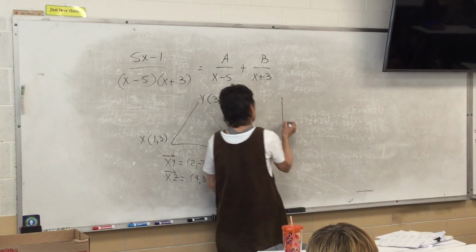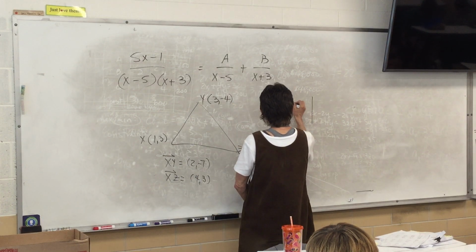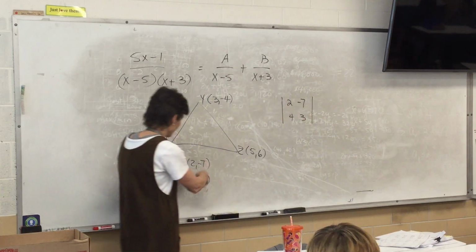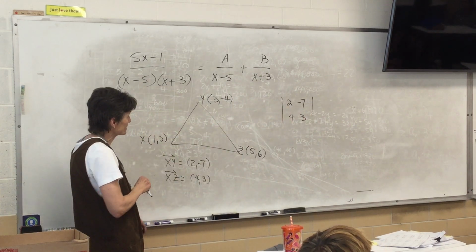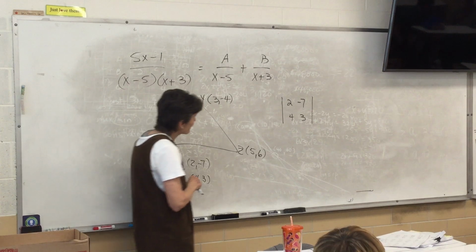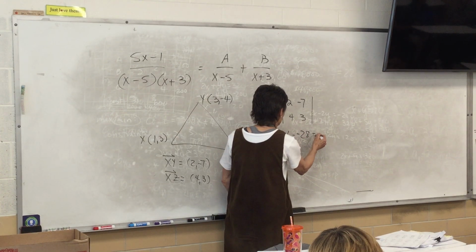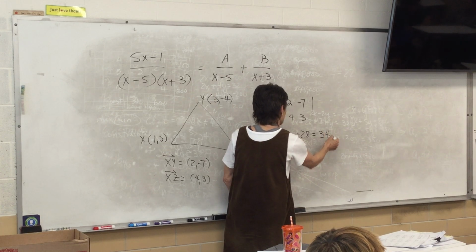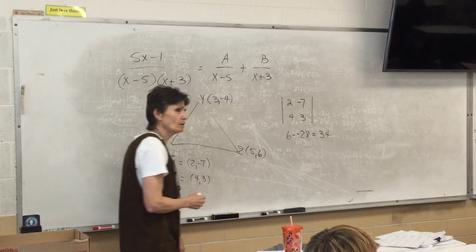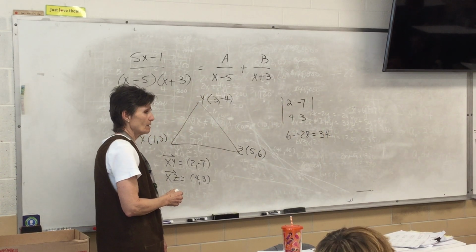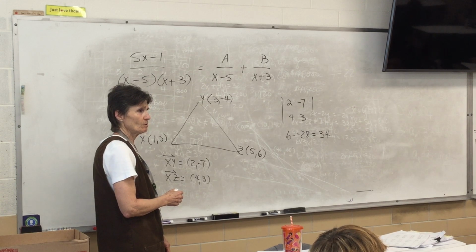So we're going to build the determinant from those numbers. Just write them right like I got them, except no commas and stuff. So what's the value of that determinant? I think it's 34. Yep. And then what do I have to remember to do?